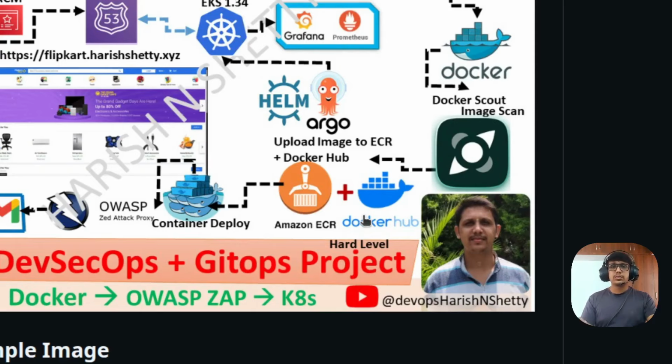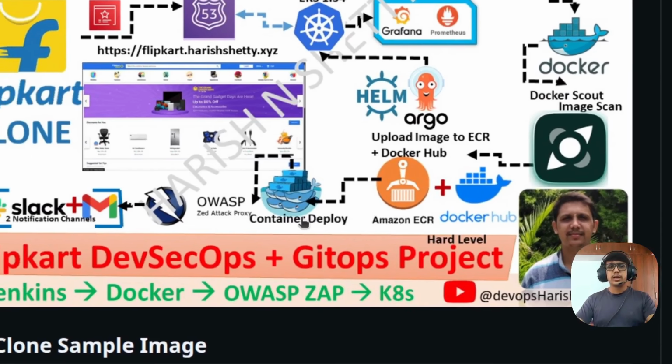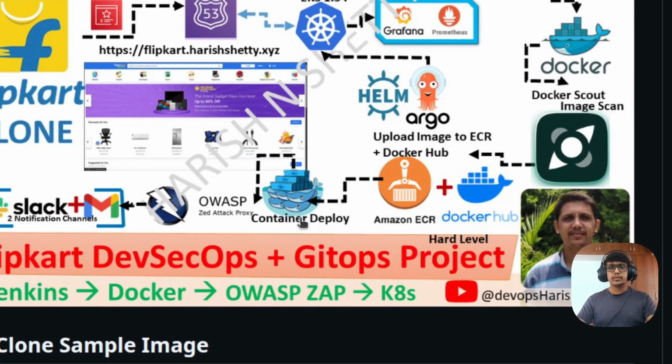So you have two advantages by doing this project: you will understand both uploads at the same time and how to set them up in a single pipeline. Once the image is uploaded to ECR or Hub, for testing and demo purposes we are going to run the container on the same Jenkins server machine.